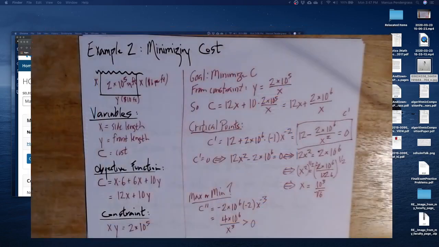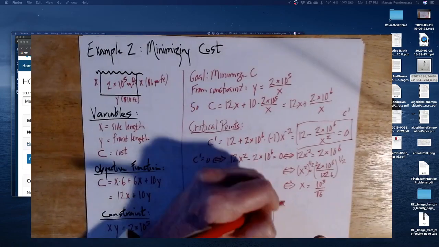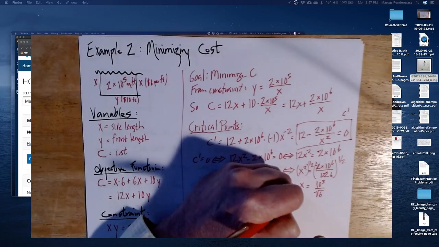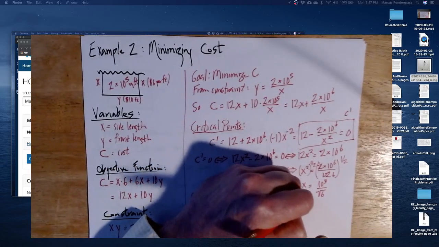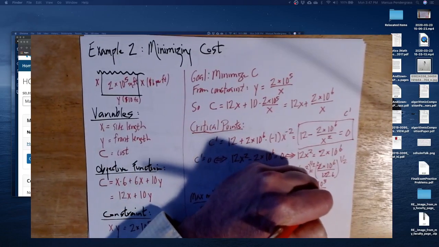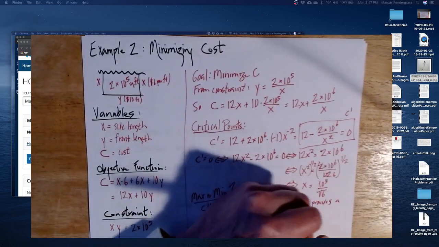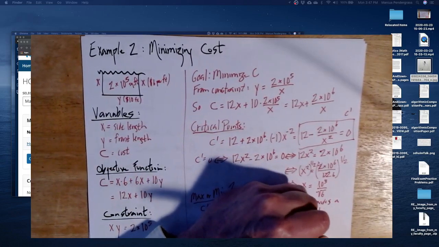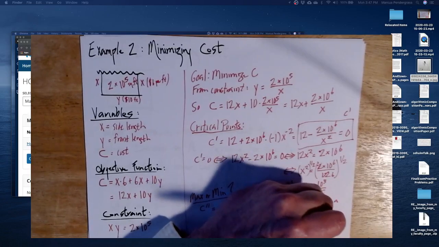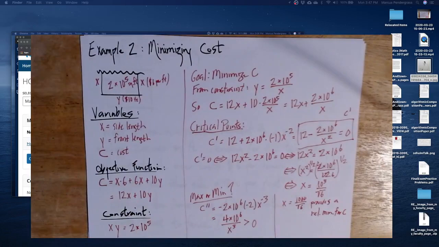So that tells us that x equals 1,000 over radical 6 provides a relative minimum for the cost function c.